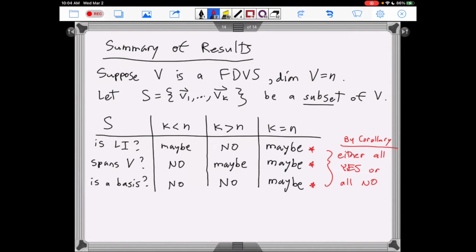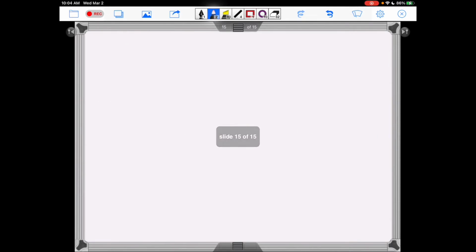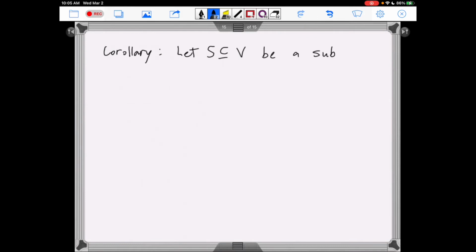Okay. Now, as another corollary, how does the dimension of a subspace relate to a vector space? So let S live inside of V be a subspace. Remember now, we're not saying a subset, but a subspace.